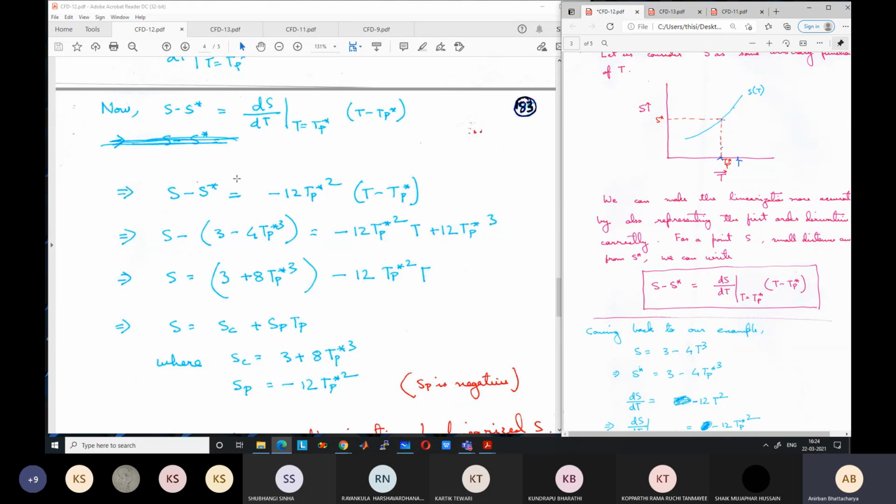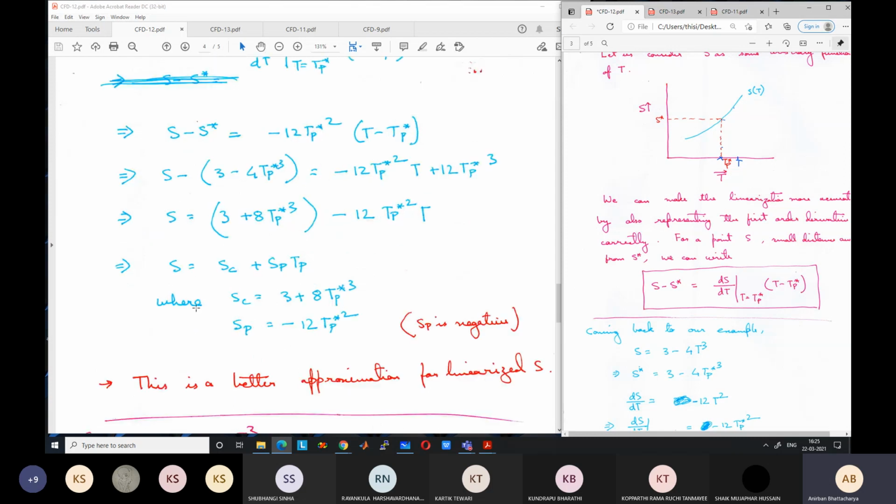Something like a convection radiation problem is given, so h into T minus T reference plus sigma into T to the power 4 minus T reference to the power 4. That also you should be able to find out, the linearized form of the equation. Similarly, you can think about other similar problems where you can find out the linear form.